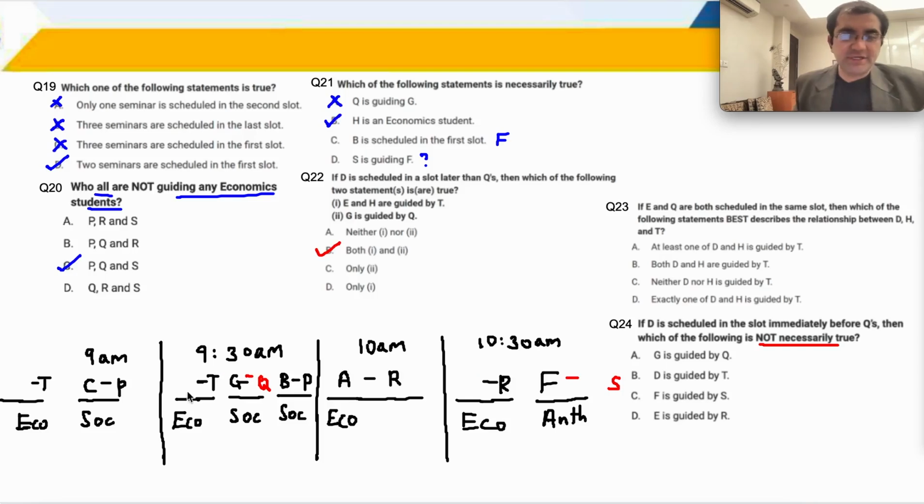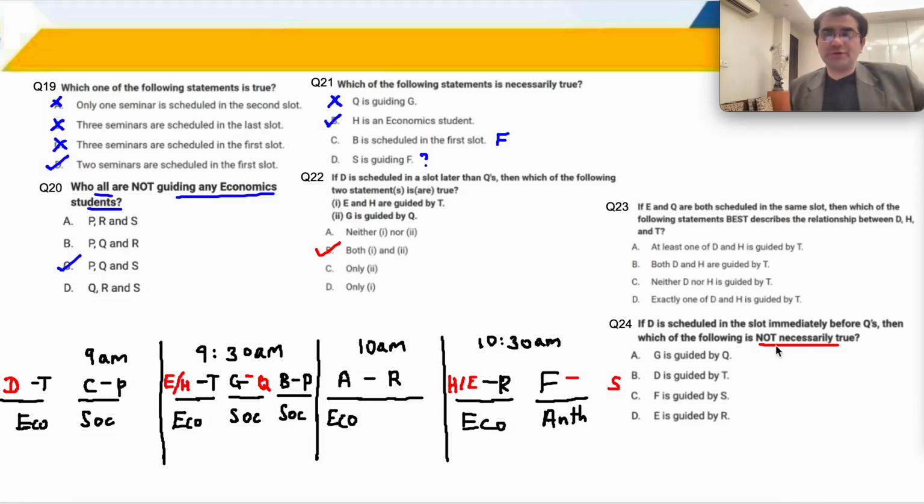If D is immediately before Q, तो D will come over here. बाकी कौन बचे आपके? Two people who is left. A and C बचे. B is gone. C, D, E and G बचे. G is also gone. E and H बचे. E oblique H, H oblique E.